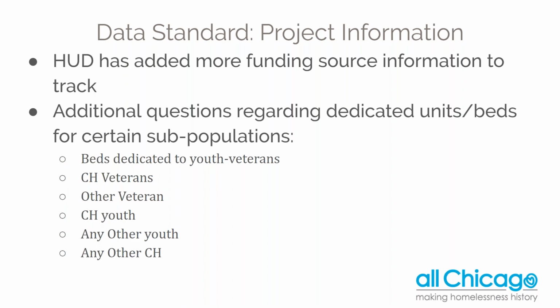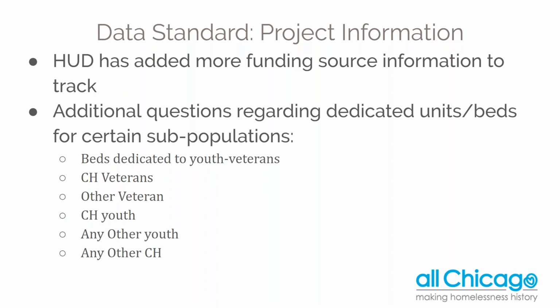We're going to be asking you additional questions about your funding source information, etc. So there's going to be more administrative work, not necessarily work, but rather additional fields that you'll have to be answering when you create a project or update a unit list.